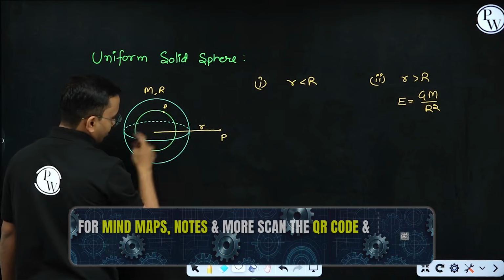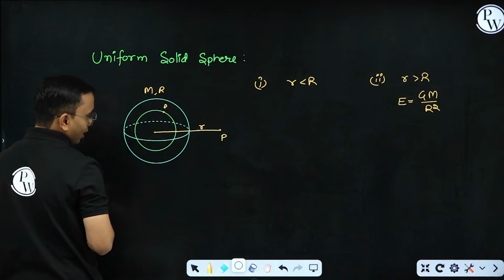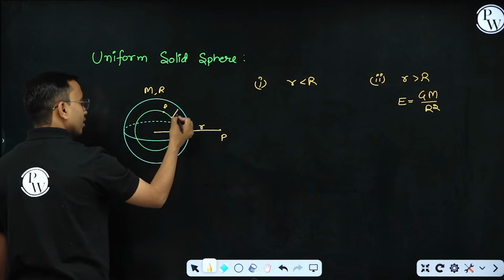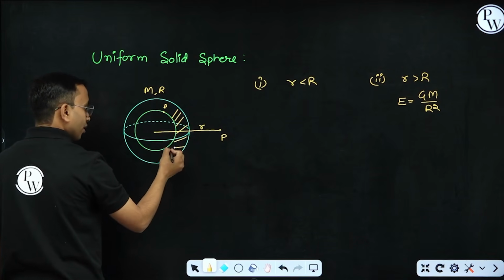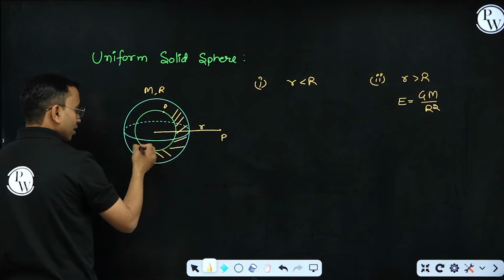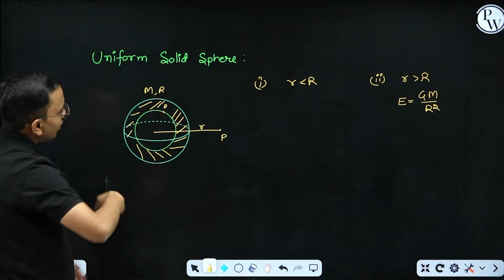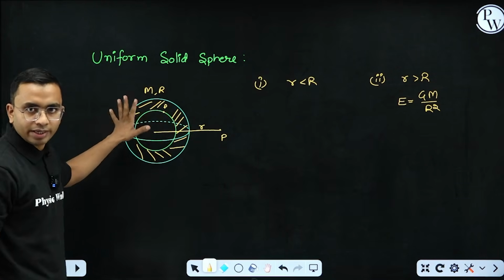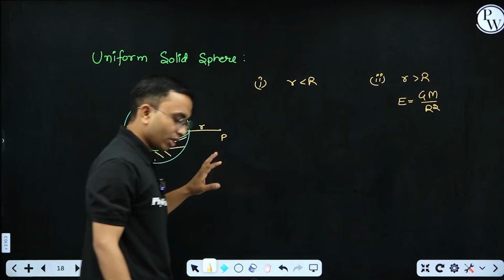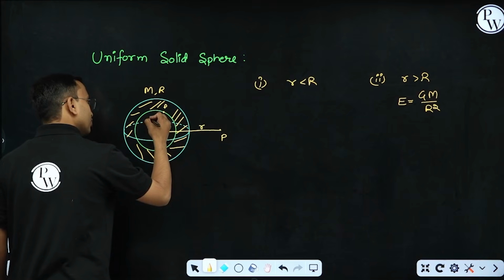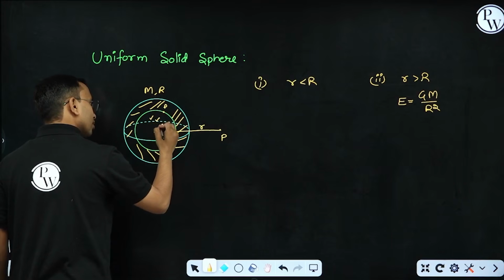One is the outer shell, this. Now this point is inside this shell, so the field due to the shell will be 0. This outer shell will not have any field there. The field will be due to only this inner sphere.